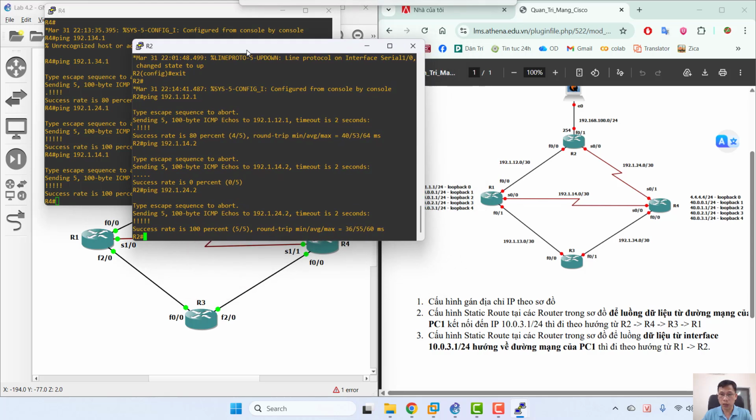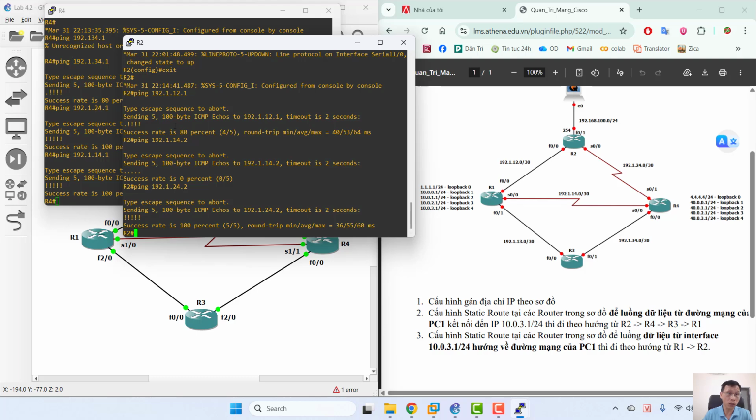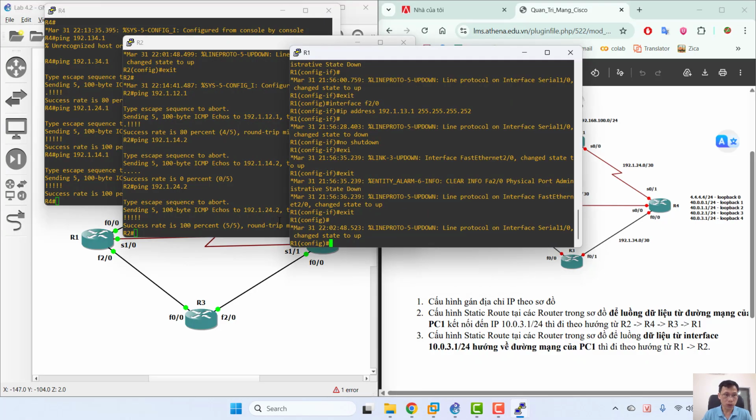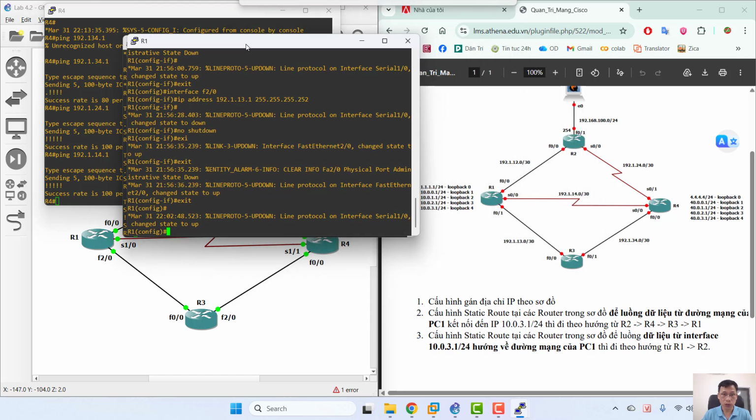Now we go back into router number 1 to configure the loopback. Router 1, okay. Configure the loopback.